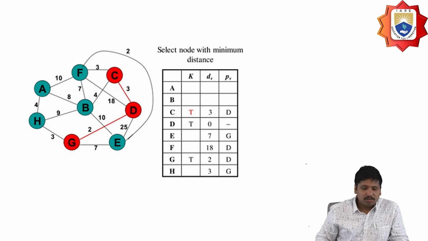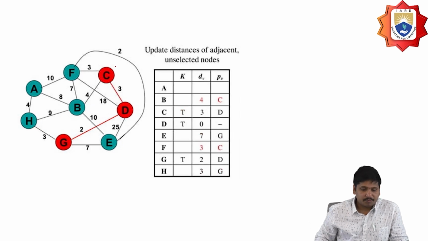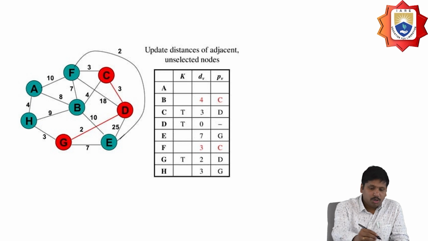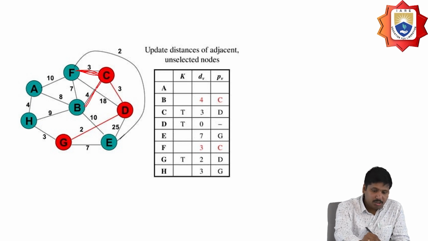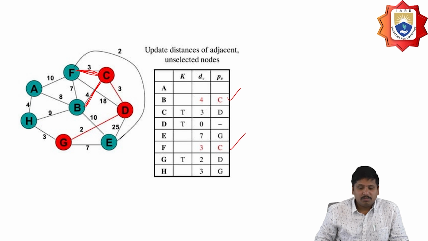From this, the next one I'm going to consider is that from C I have to again identify this. From C I'm going to have C to F and C to B, so these two will be added here. From these two I'm going to consider the next minimum weight.